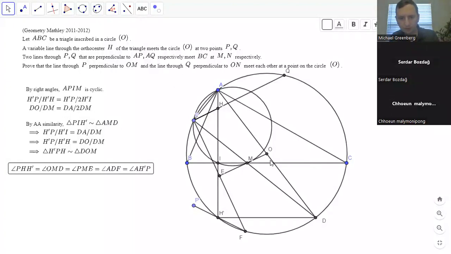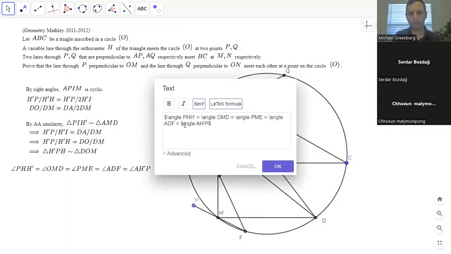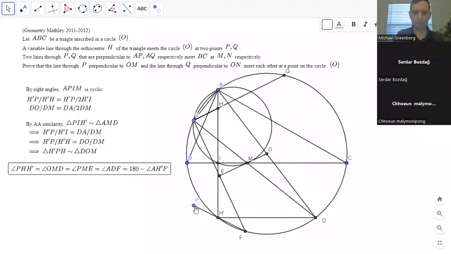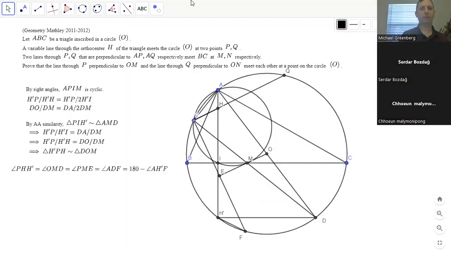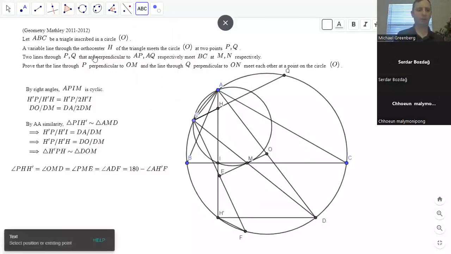So, but wait, okay, so that means that I'll just say 180 minus AH prime F, because we don't really know that these are collinear, right? Just so I don't confuse people. So that implies F is the anti-Steiner point of point PH.